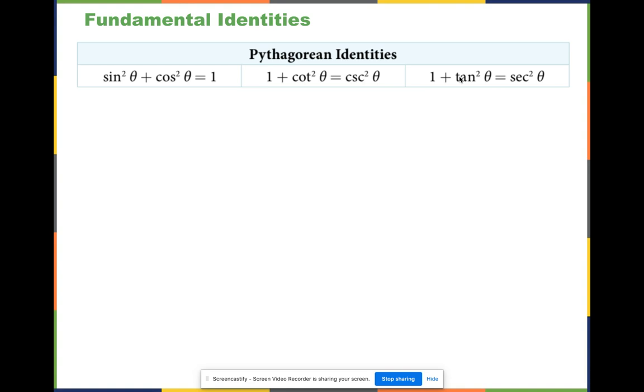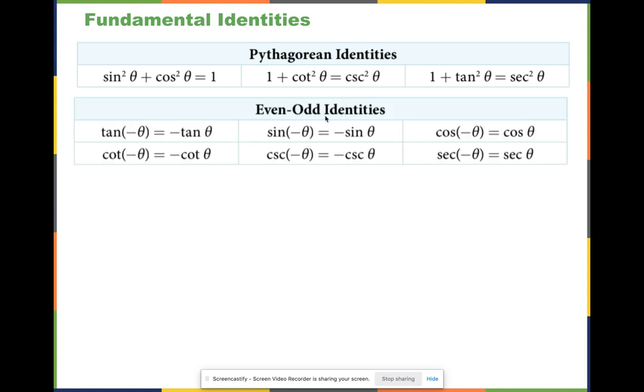It's hard for me to remember these, but I know that I can always derive them if I need to. Okay, but you are going to need to know how to derive these. And on your next test, one of the first questions is going to be list the 3 Pythagorean identities. Okay, so you're going to need to memorize this one and either memorize these 2 or remember how to derive them. It's not hard to derive them, right? It's one step, so you can do it.